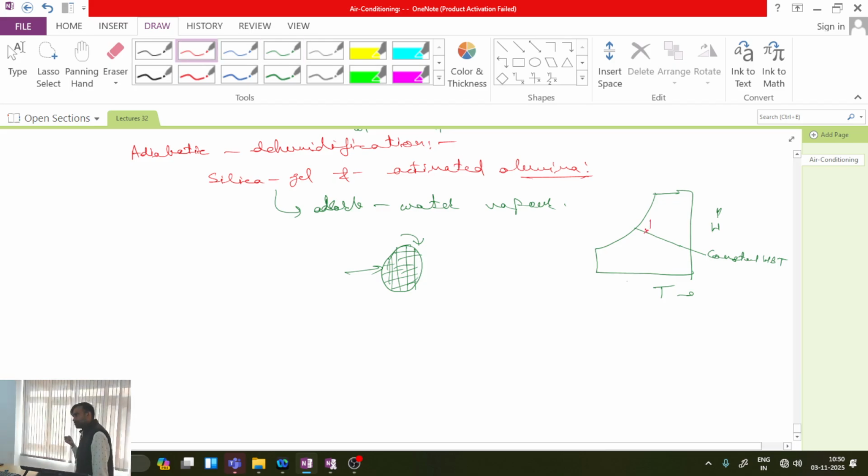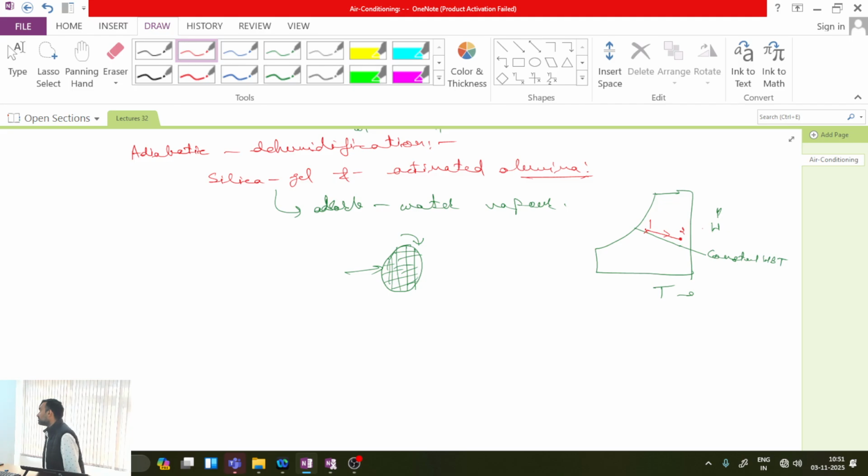My moisture will be absorbed, and it will be absorbed in adiabatic fashion. So I must move along this line, because I am doing it in an adiabatic fashion. But ultimately, instead of this, I end up somewhere over here. What is the reason for this slight shift away from the adiabatic line?